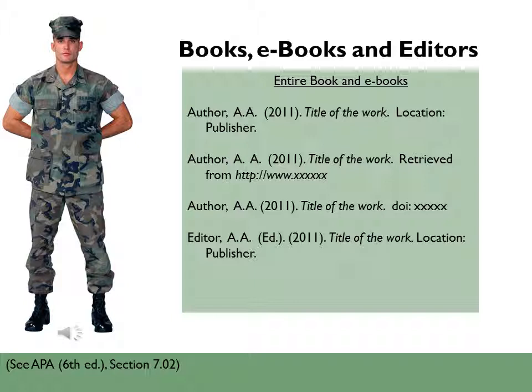And then the last citation is for a book that has an editor and not a specific author's name. In this case, you'll want to include the acronym Ed. in parentheses with a period after the Ed and also right outside of the parentheses. So just be mindful to follow these formats whenever you are citing a print source or an electronic book source.